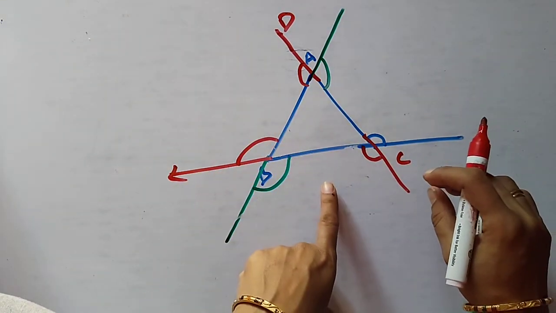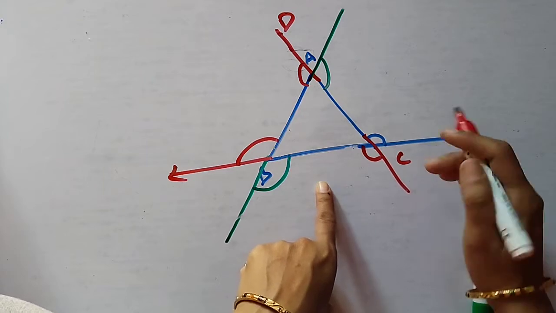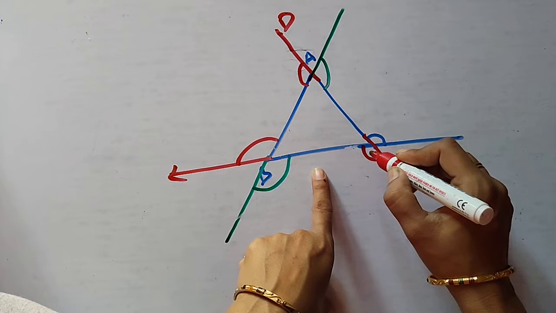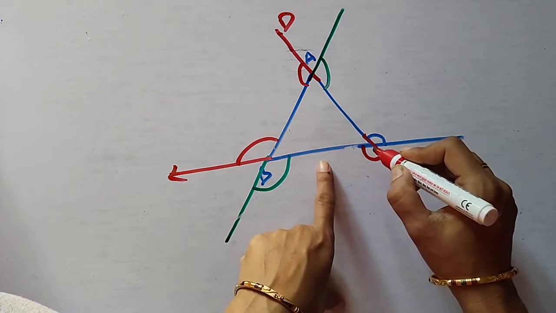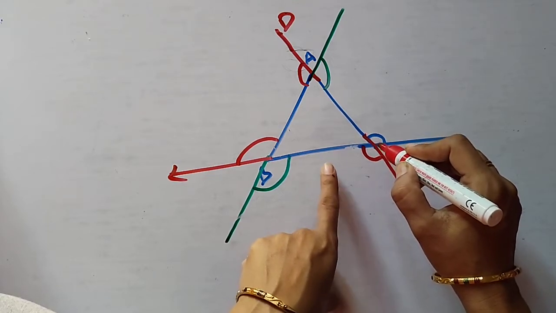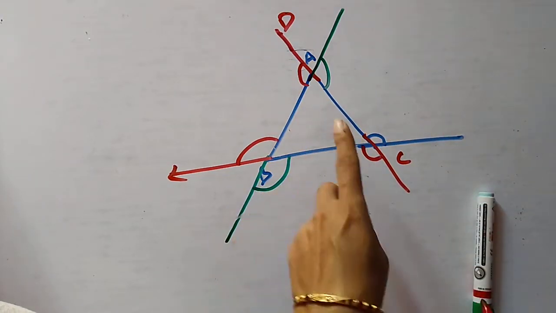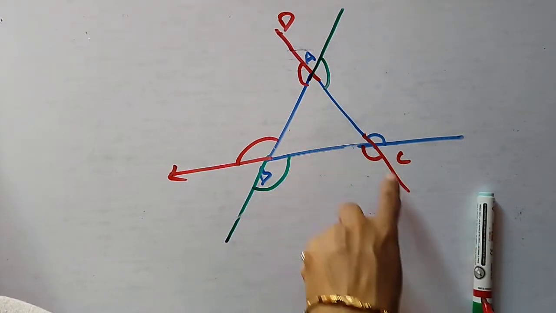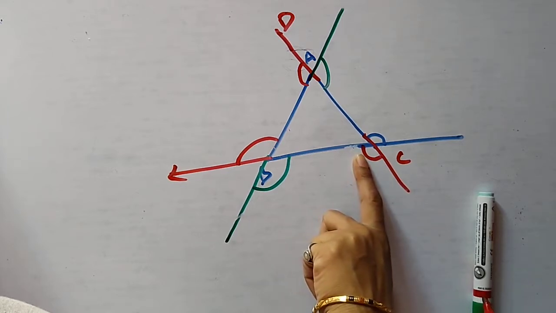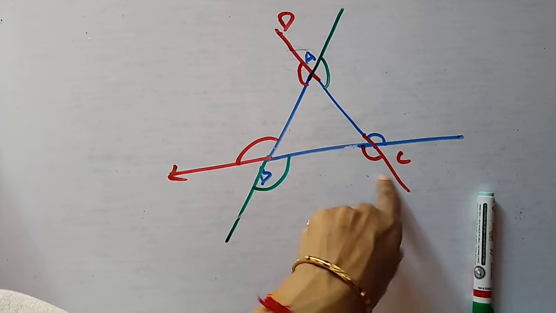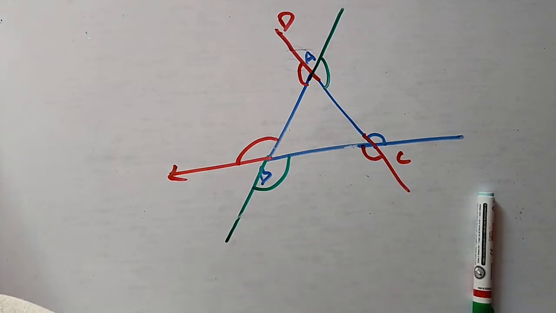Means at each vertex, these are vertices A, B, C, we have two ways of forming an exterior angle, because here we get two sides. तो आप जो भी side increase करोगे उसके side में हमें एक angle मिलेगा, वो exterior angle. So we have two ways of forming an exterior angle.